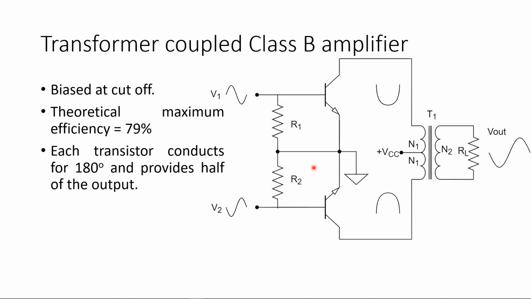That's why the efficiency has increased to around 79%, more precisely 78.6%. Basically these two transistors are biased at the cutoff region. So this concludes my lecture on power amplifiers. Thank you.